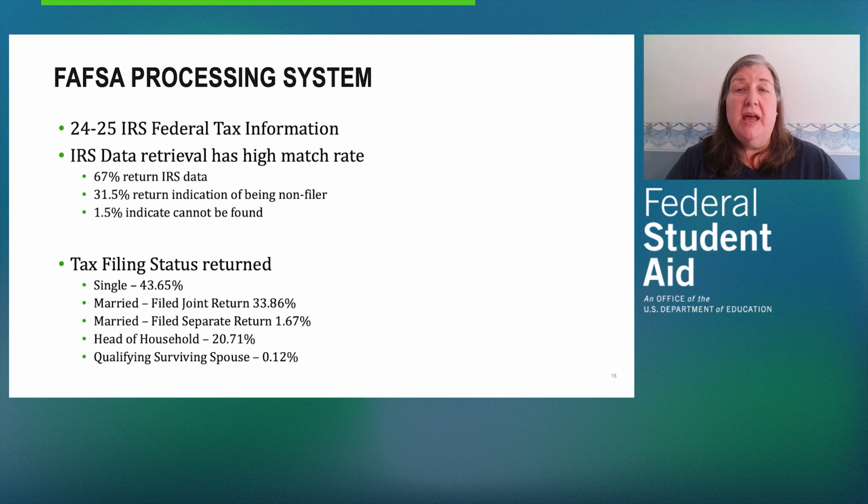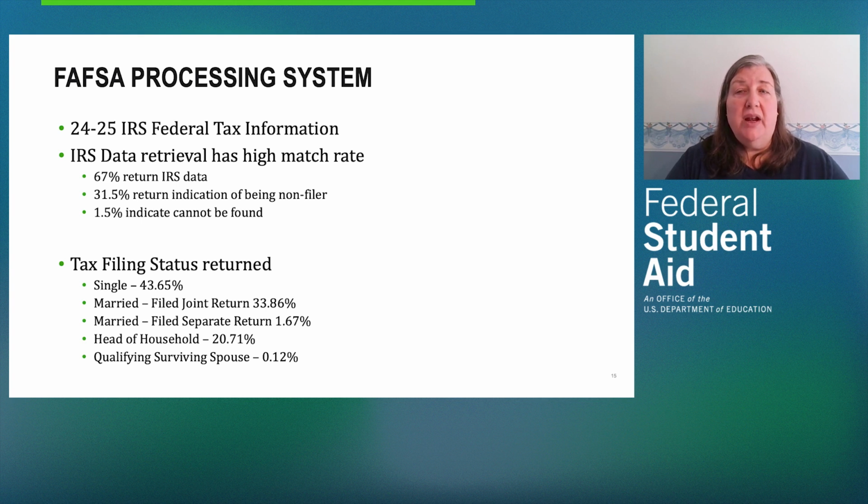So we have almost 68% when we go over to the IRS, we get tax data returned. So that means the IRS actually sends us back the AGI, taxes paid, information like that. We have a little over 31% where the IRS gives us the confirmation that this student, parent, student spouse is actually a non-filer.